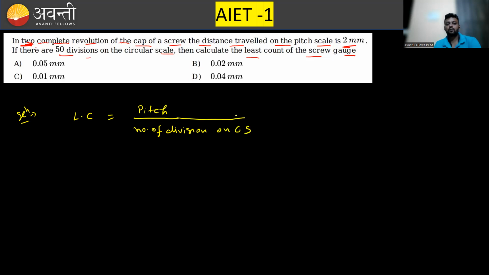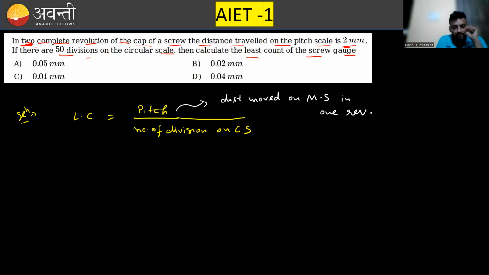Is this thing clear? Now, if this is clear, then what is pitch? Pitch is the distance moved on the main scale in one revolution. In one revolution of the screw, the distance moved on the main scale.